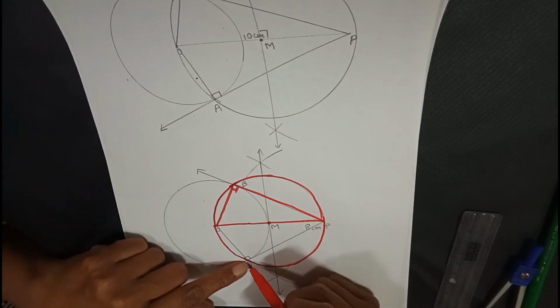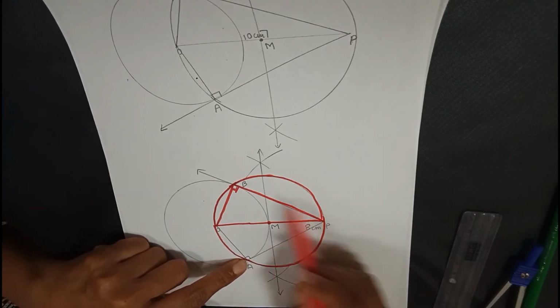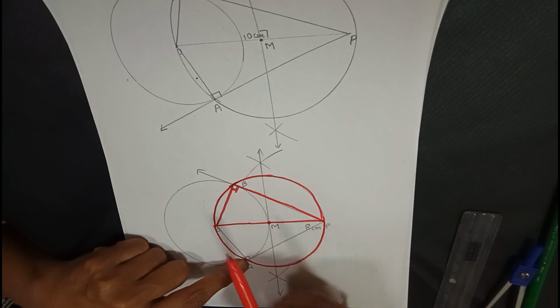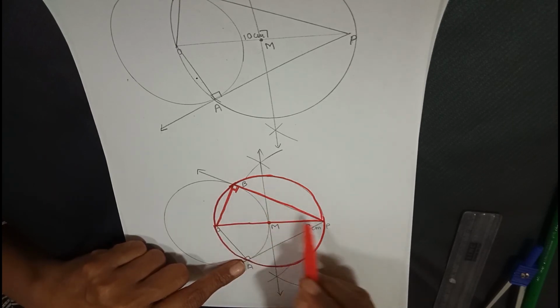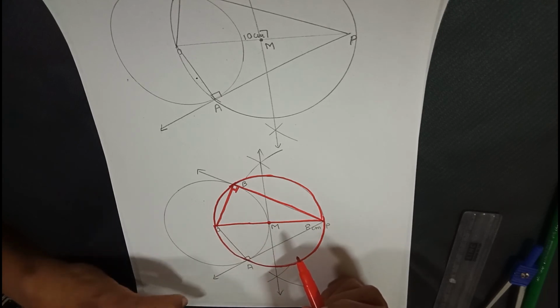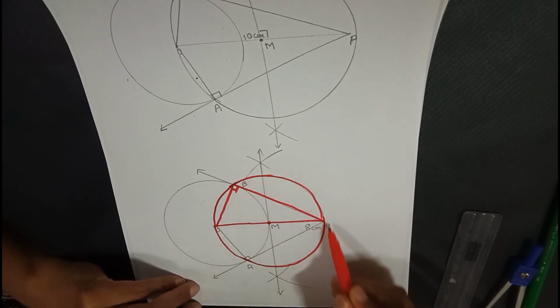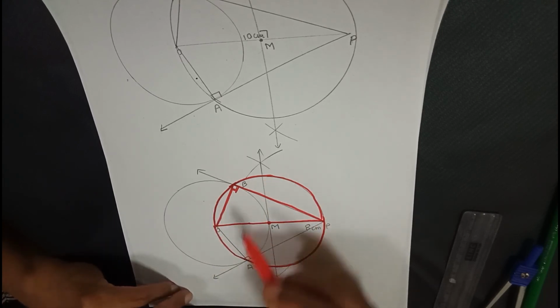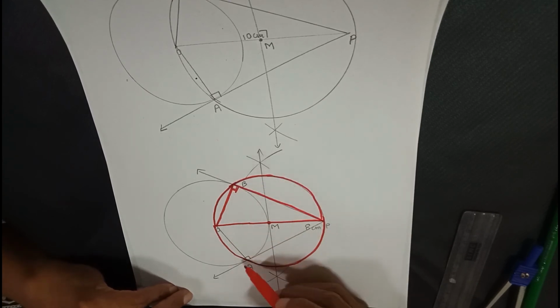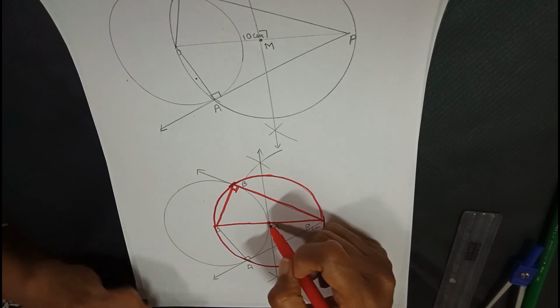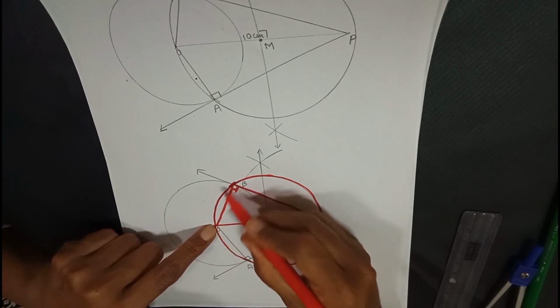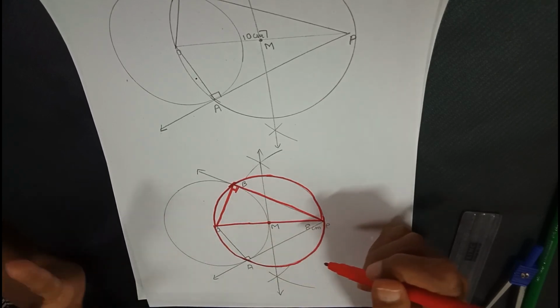And that is why we were sure that at this point, if we draw a tangent, it is going to be 90 degrees. So the property that we used here was that angle in a semicircle is a right angle. So instead of drawing the entire circle, which we were not interested in, we were just interested in these 2 points. Hence, we just cut 2 arcs by keeping the pointer on M, pencil on O.